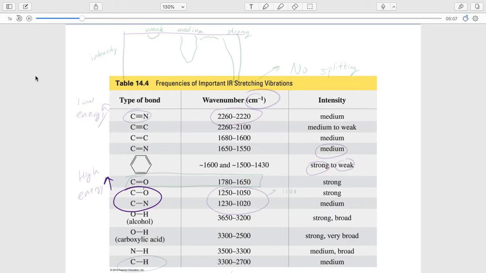What was I trying to say with this? So this one has a low wavelength but a high energy, and that makes sense because we're attached to two very electronegative atoms. Versus if we compare it with the triple bond, that's way more rigid than a single sigma bond, so that definitely has lower energy but a higher wavelength.